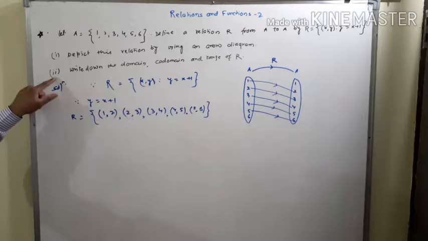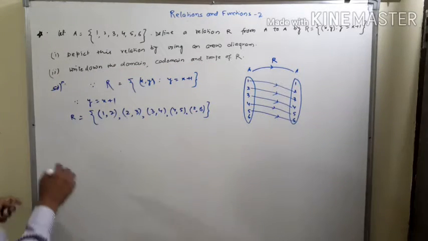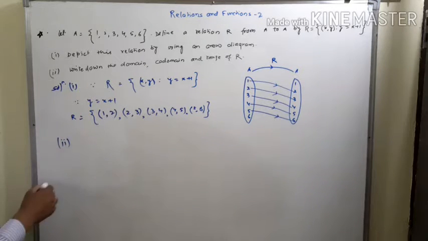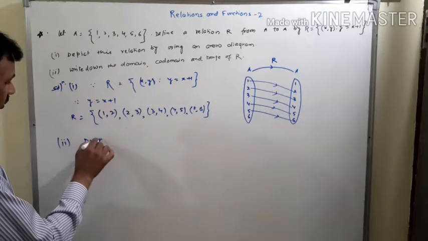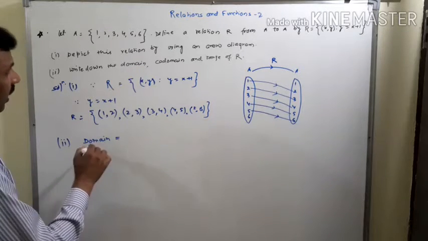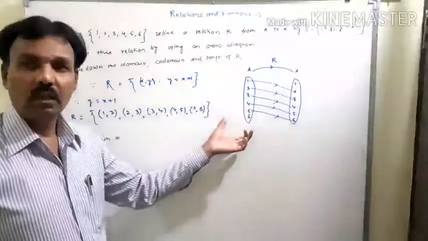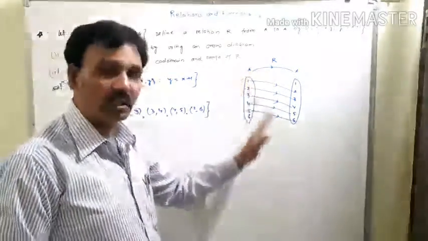Now, in the second question, write down the domain, codomain and range of R. So this is the solution of the first. Now the solution of the second: first we write the domain. What is the domain of R? In the previous video we discussed what the domain is.